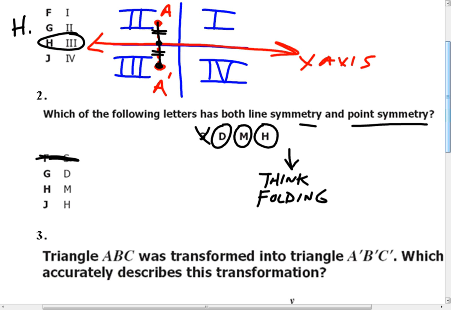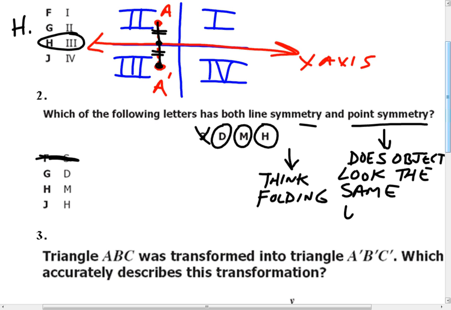Point symmetry, I want you to think, does the object look the same upside down? If I turn something completely upside down, does it look the same?